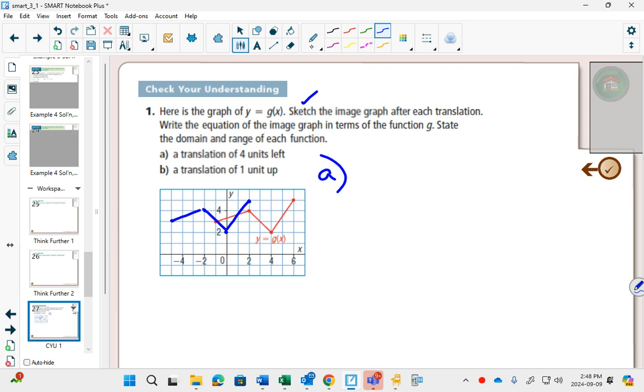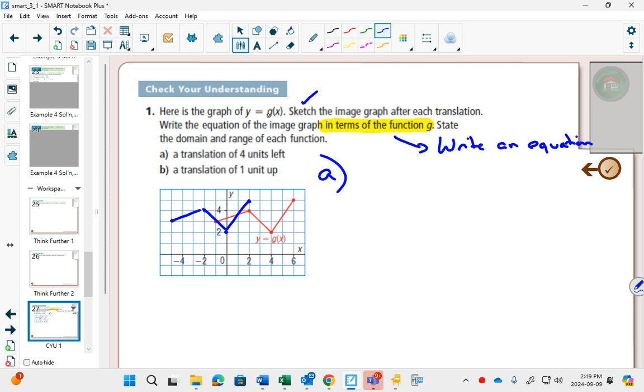So the next thing I want to highlight, because this language is very confusing for students, seems to be something that we're able to do if you see me do it, but then when you read the same question, you have to do it on your own, you get stuck. What does that mean again? Okay? In terms of the function g means that you are going to write an equation.